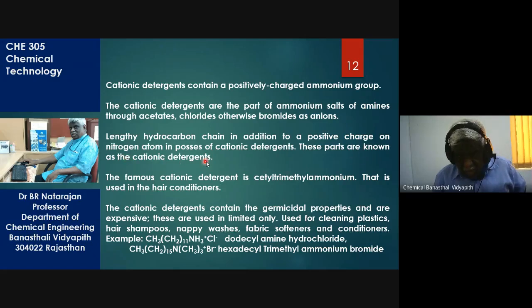These parts are known as cationic detergents. The famous cationic detergent is cetyl trimethyl ammonium. Cetyl trimethyl ammonium is a cationic detergent that is used in hair conditioners, not air conditioners, hair conditioners.